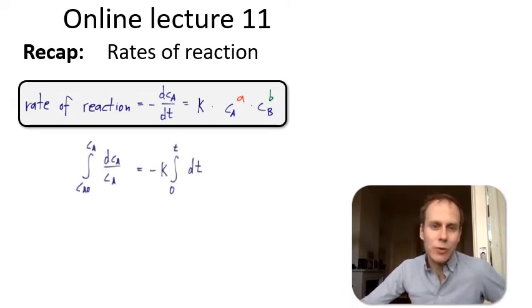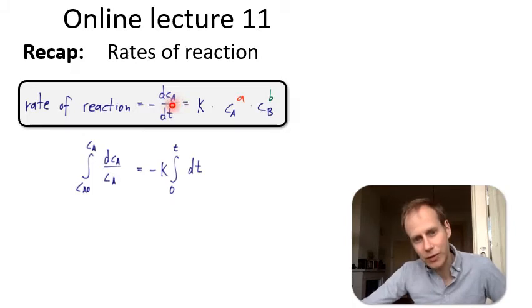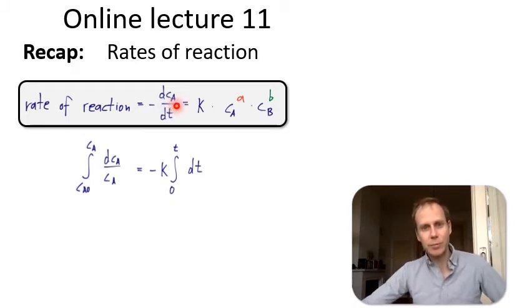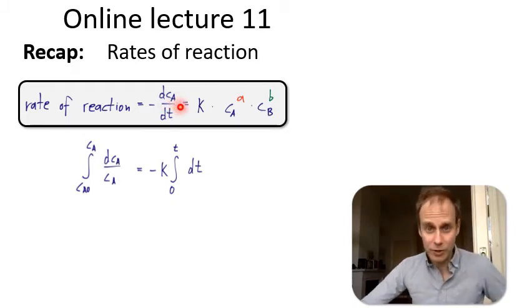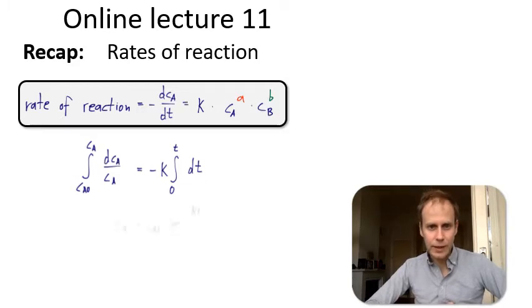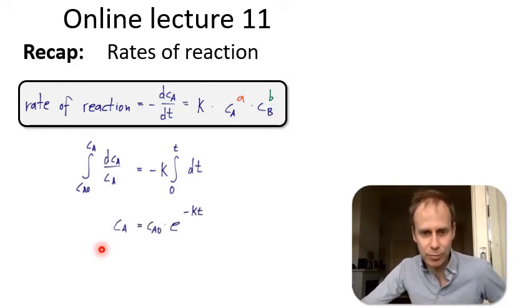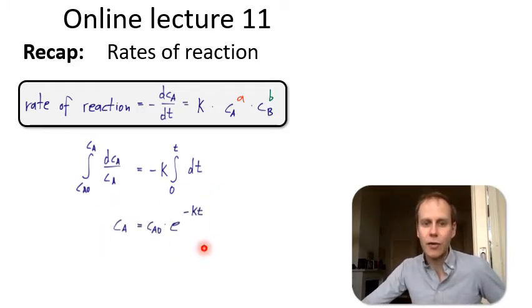So in order to get a dependency of the concentration of the reagent A, for instance, on the time, we have to integrate this. And here we did that for a reaction of first order, so with a equals 1. And the integration gave us this exponential decay of the concentration in dependence of the time.